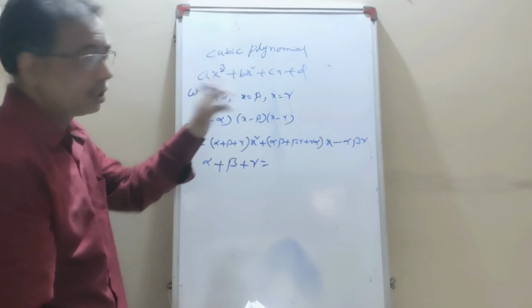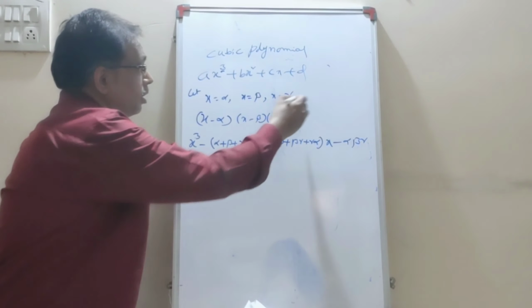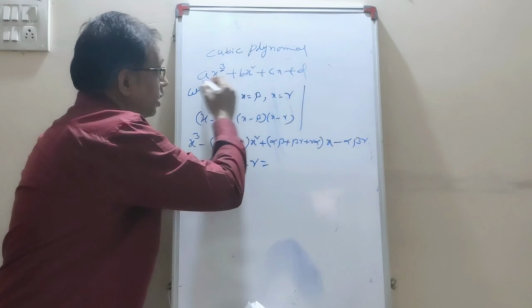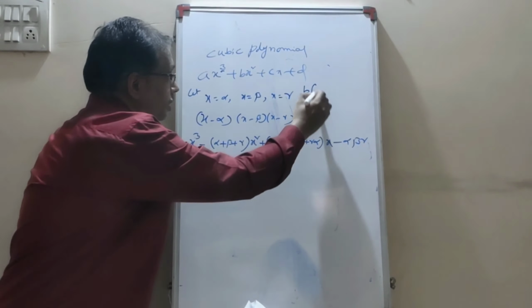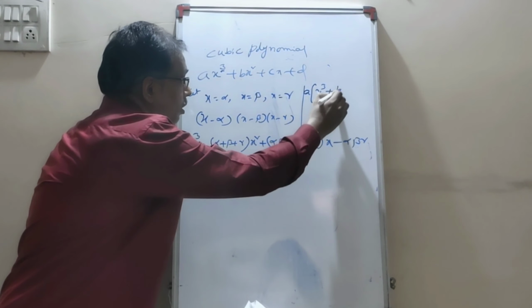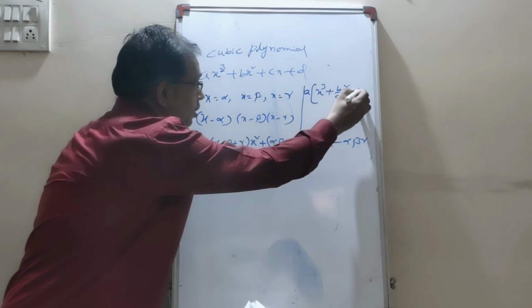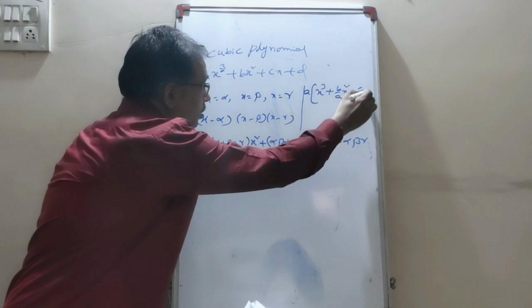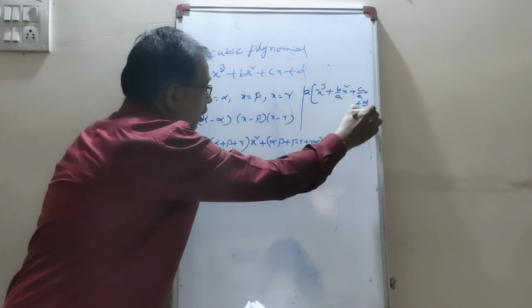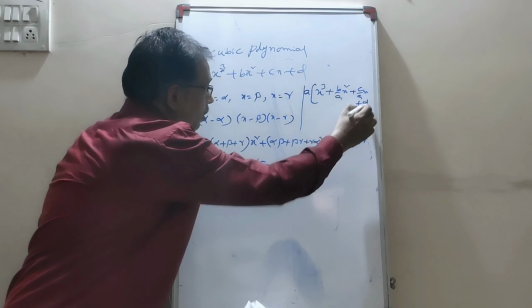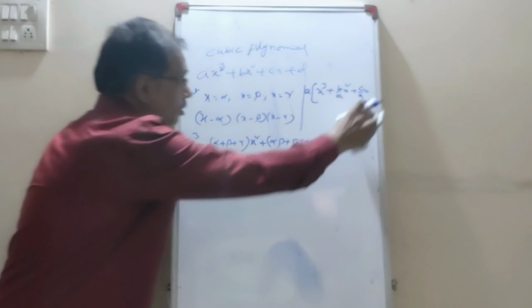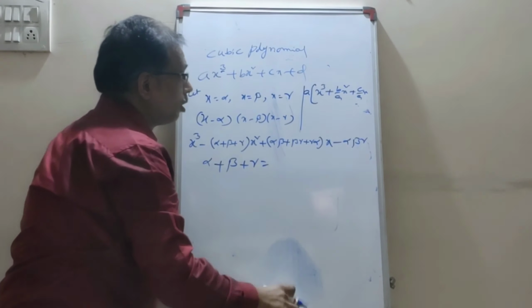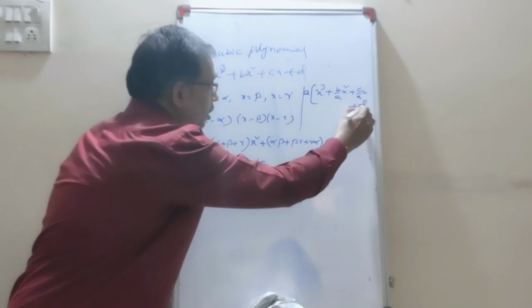Now take the given polynomial for comparison and take a common from all terms, so we get x cube plus b by a x square plus c by a x plus d by a.